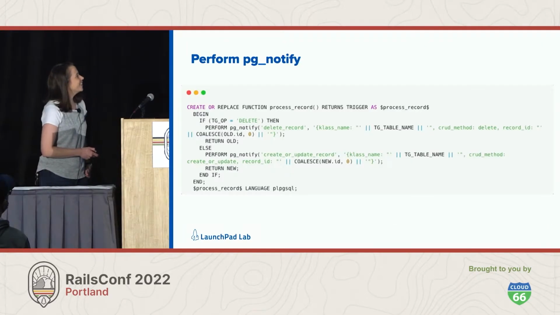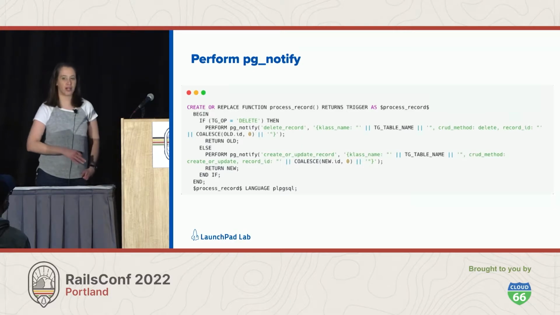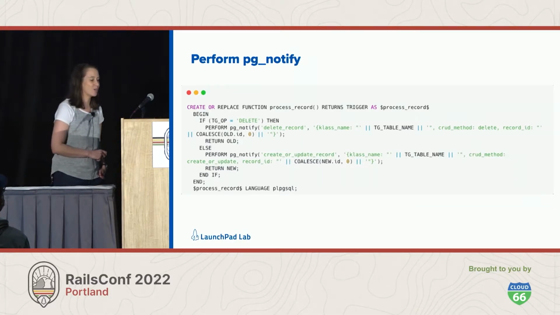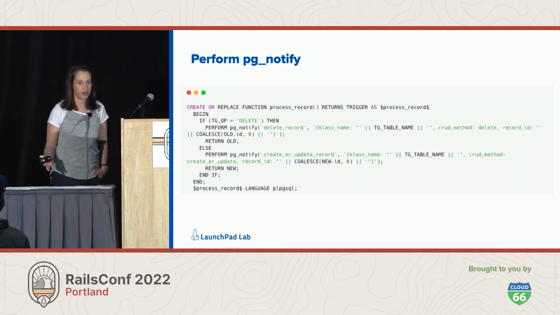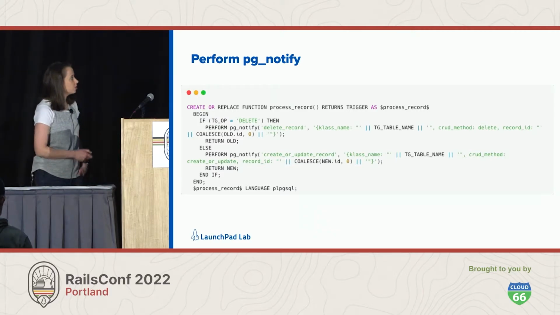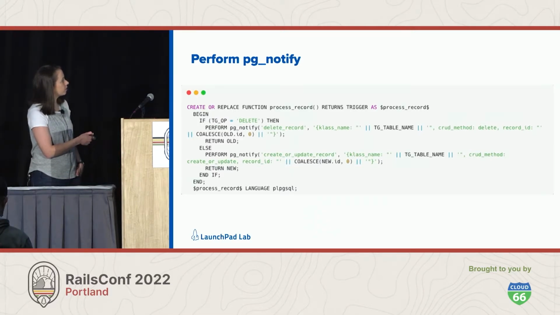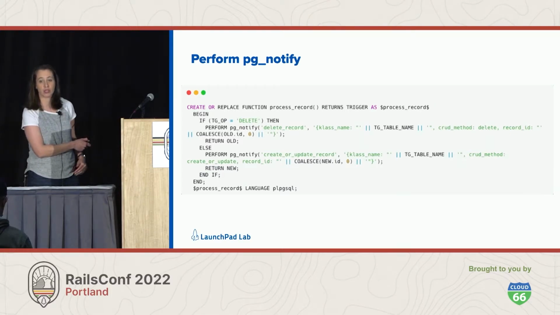So, all right, let's put it all together, almost. Let's see how you might use pg_notify within the trigger function. You can just put it right in there, since you're already working with SQL. And like I said, you can start to use all of the metadata that Postgres gives you. I don't know how many of you write raw SQL, but this is just a way to do string interpolation.